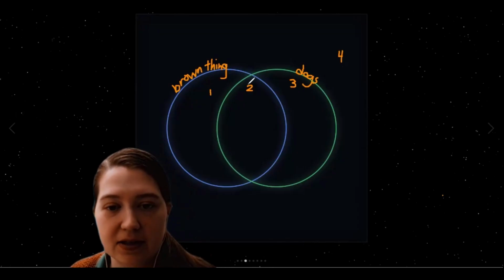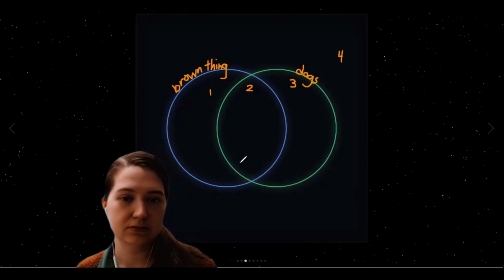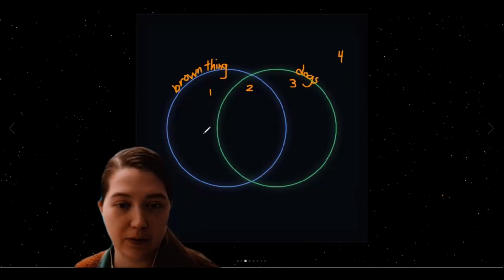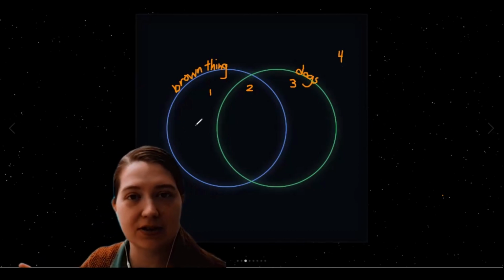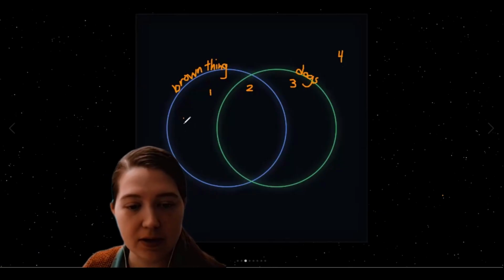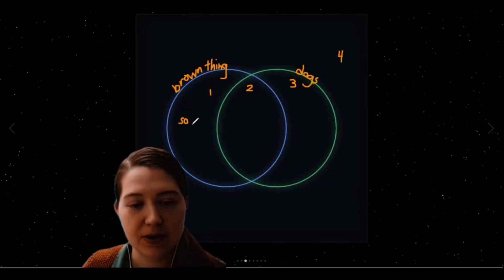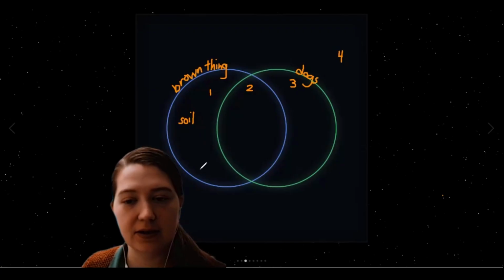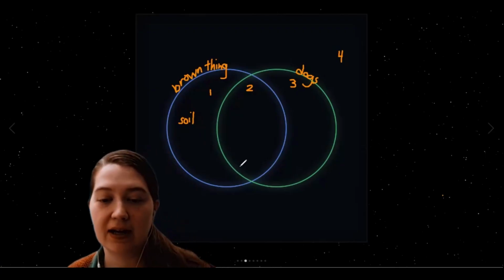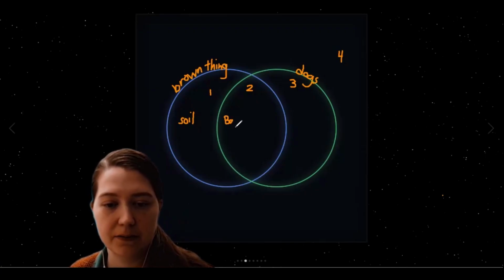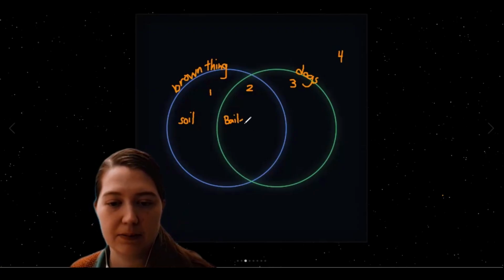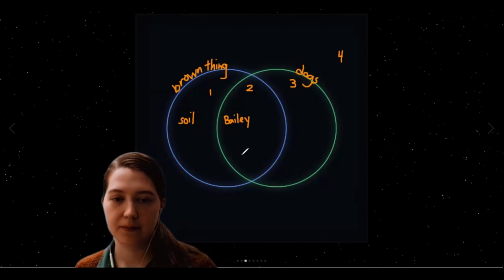If it's brown, but it's not a dog, let's think of a clod of dirt, a handful of soil is brown, but it's not a dog, so that belongs here. If it's brown and it's a dog, like a chocolate lab, like a dog named Bailey that I know, Bailey belongs here because she's both brown and a dog.